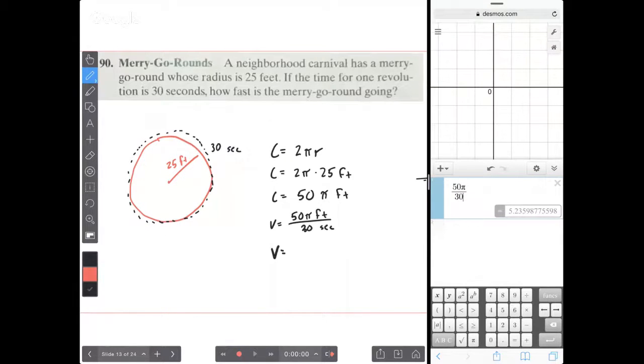So 5.24 feet per second. If we wanted to get omega, the angular velocity, we could say it's 2 pi radians in 30 seconds.